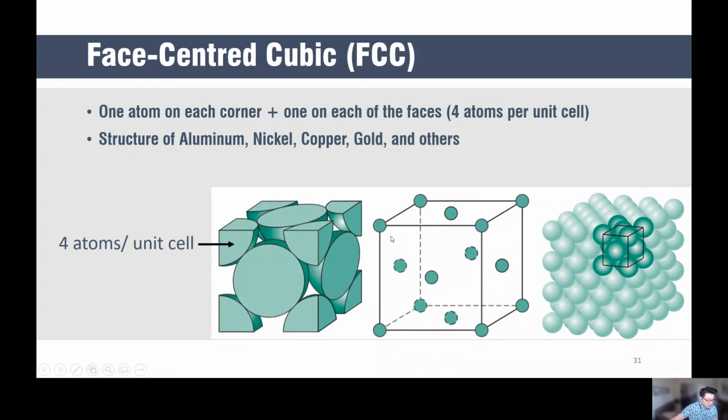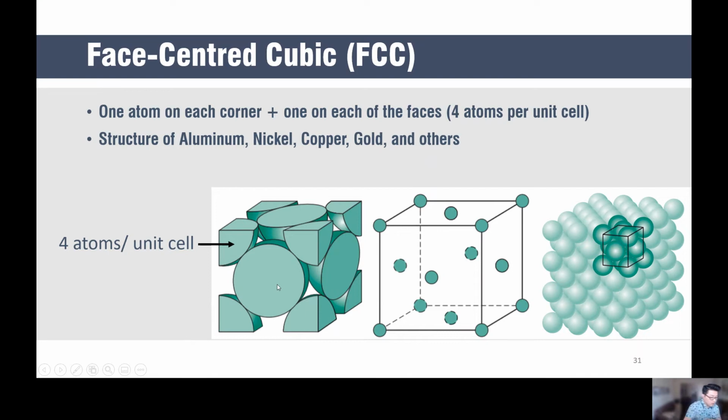Finally, in the next one, we have what we call the face-centered cubic. The reason we call it face is that instead of sticking one atom into the middle, we now stick an atom onto the face of each of those sides.